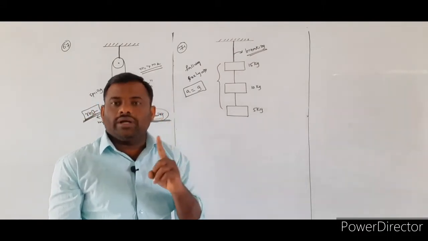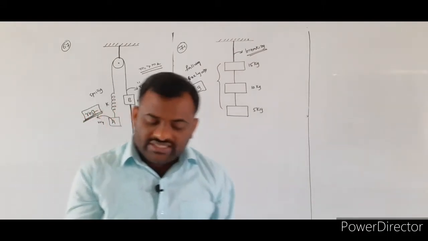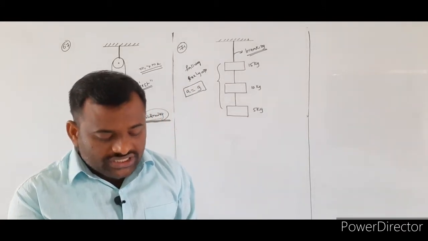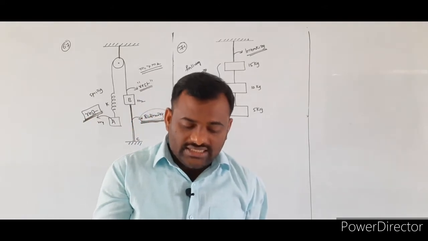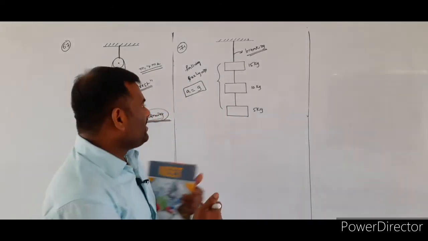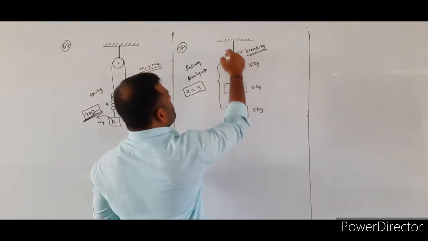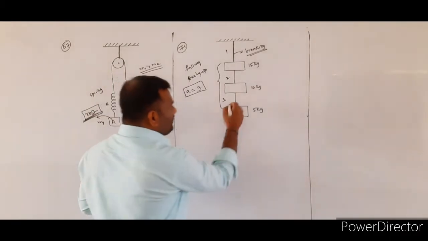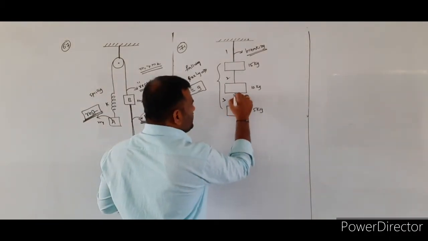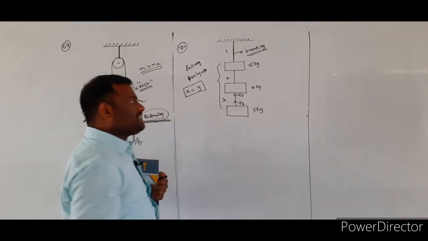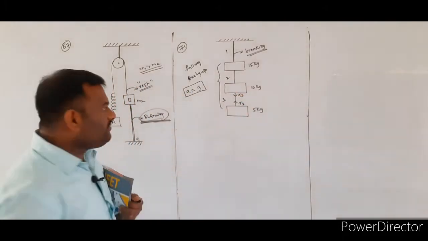That point we have to understand here. So here, if the system is falling downwards, what value are they asking? What is the tension between the 10 kg and 5 kg masses? So let it be the first string, second and third string, so that whatever tension is developed within this string will be represented as T3. So they are asking to find the value of T3.